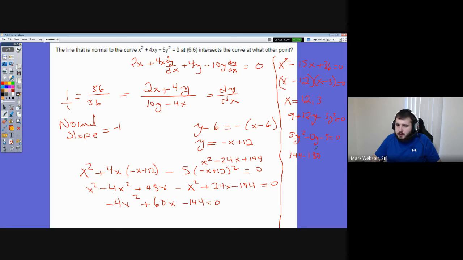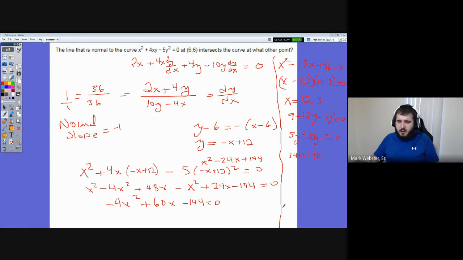Minus 4AC, so plus 180. This one's going to come out and it's going to give you something. 324 is a perfect square, right? This comes out nice. Yeah, it's 18 squared.